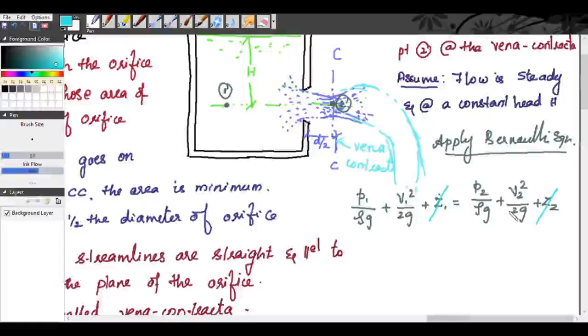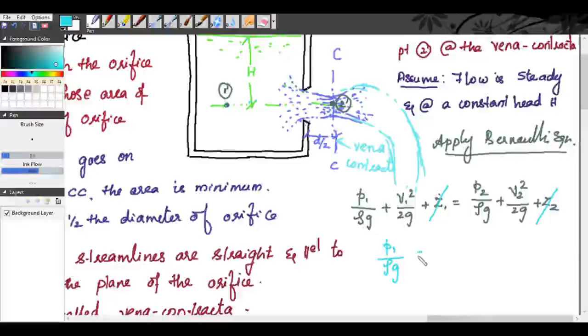Now, this head is equal to the pressure head at point 1. That is, your P1 by rho g, the pressure head at point 1, is H, because that is the height of the fluid inside the tank.